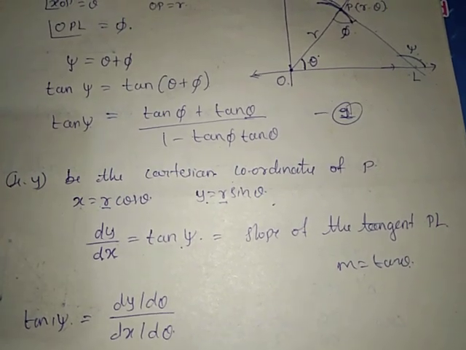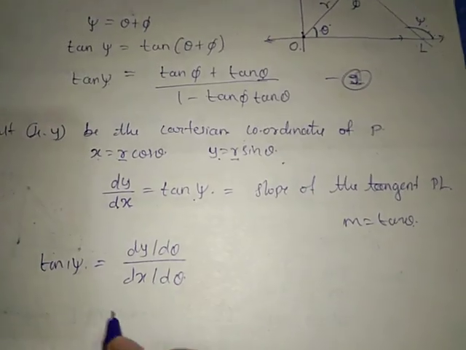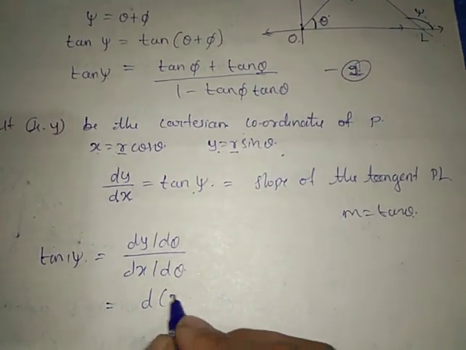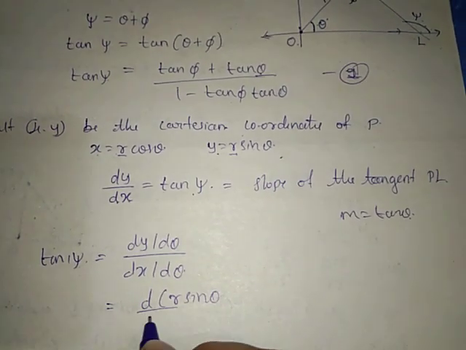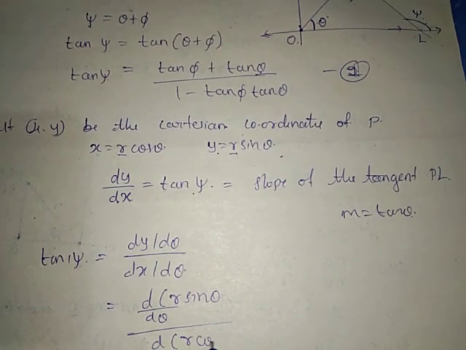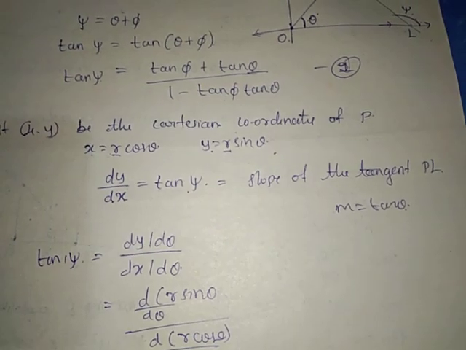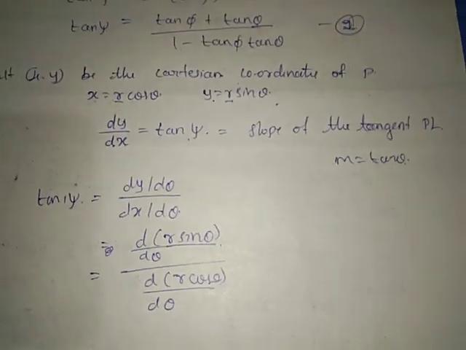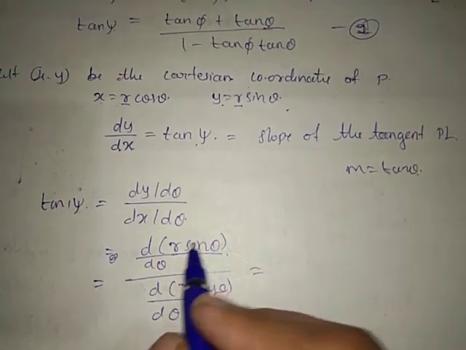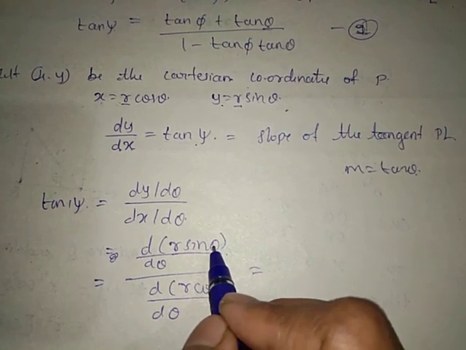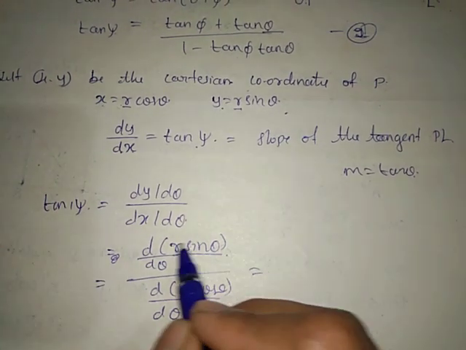Here x and y are functions of theta. So the derivative of y equal to r sin theta, divided by the derivative of r cos theta with respect to theta. Now r into sin theta: r is a function of theta and sin theta is also a function of theta, so apply the u into v form.